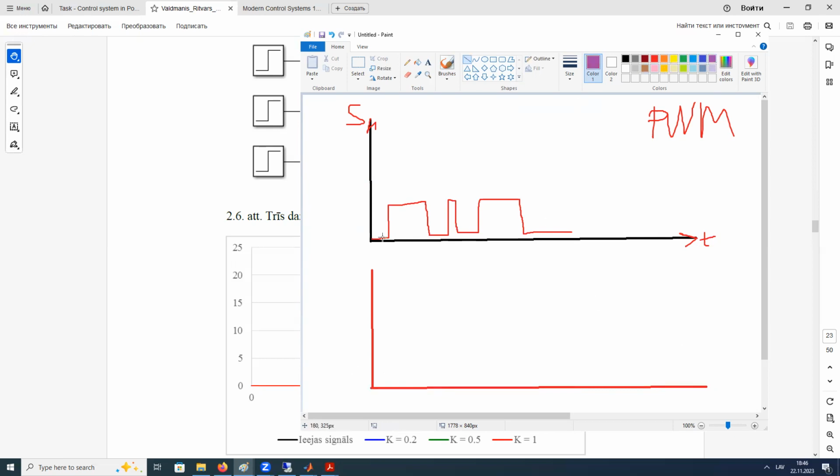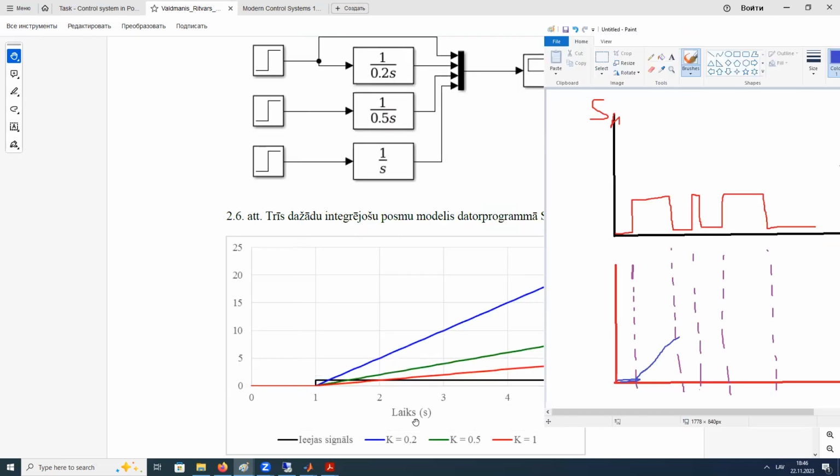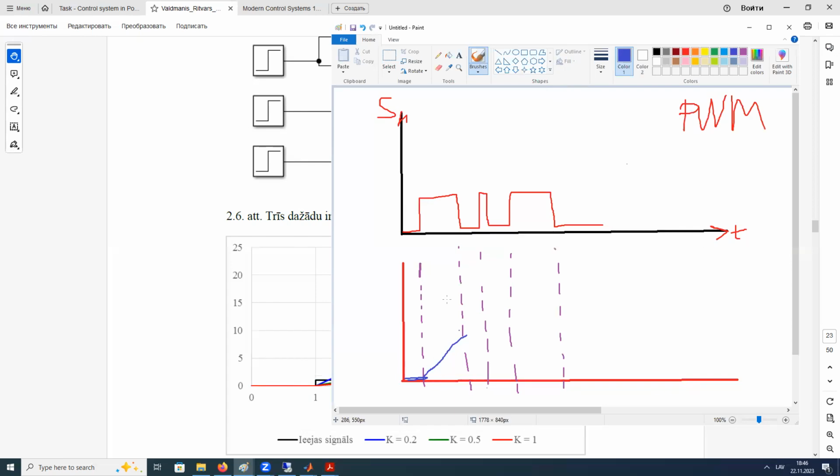If we don't have a signal, it means that nothing is happening. We get a signal based on this coefficient, as it is represented here. We get an output signal.